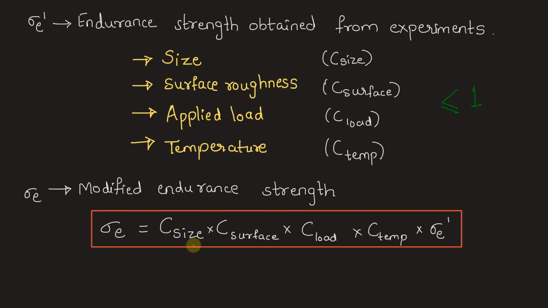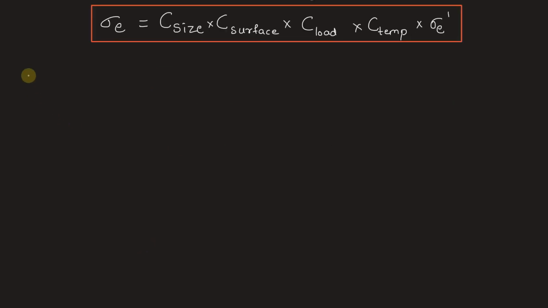We will also see how size and surface roughness practically affect, or decrease, the endurance strength. First, the size factor. There is a clear relation between the number of flaws and the size. If the size is small, the probability of flaws being present will be lower, but when the size increases, the probability of presence of flaws will also increase.